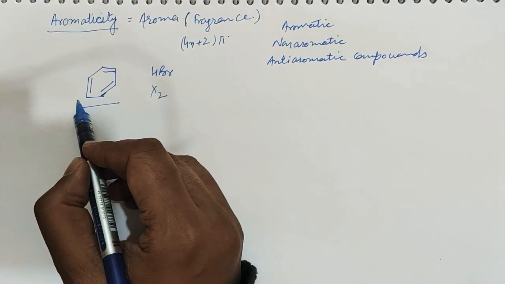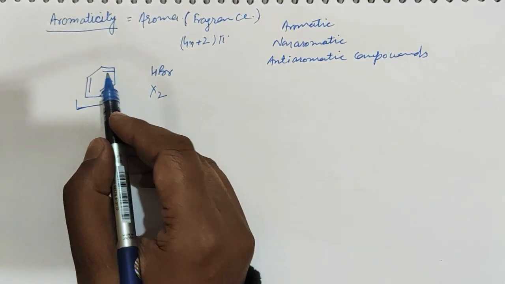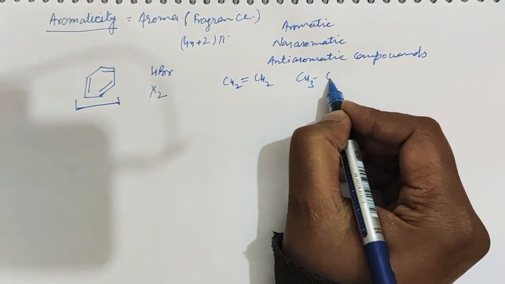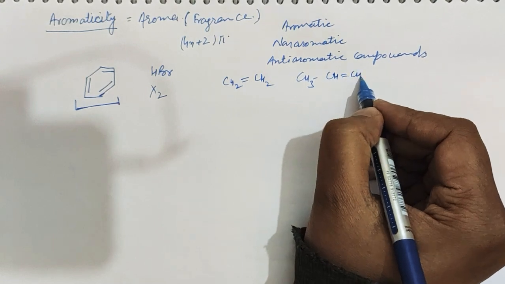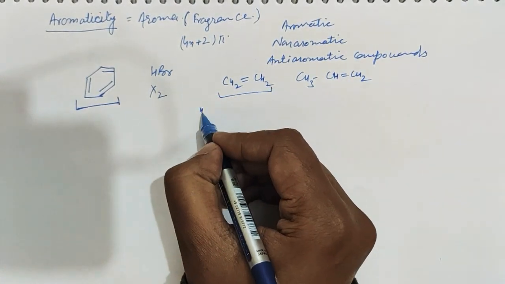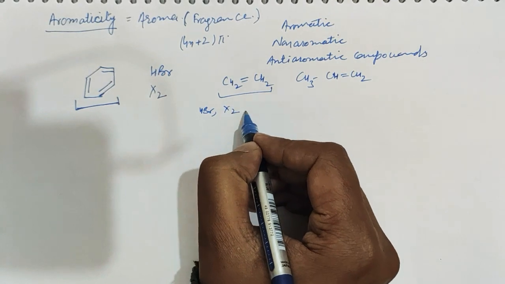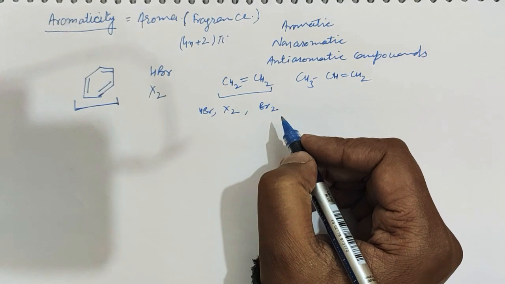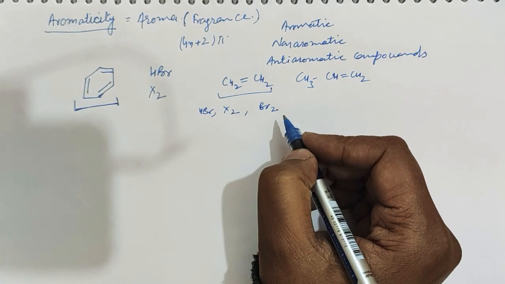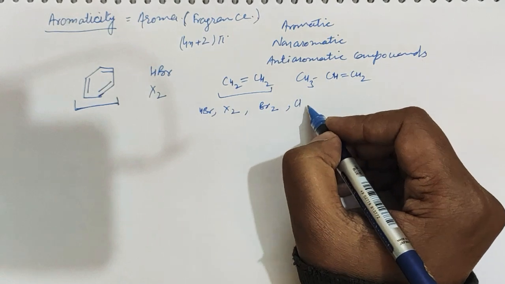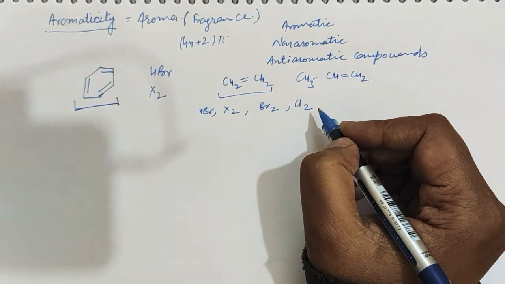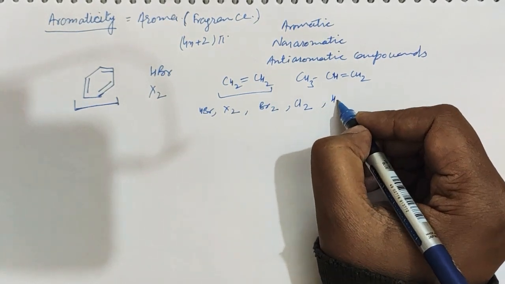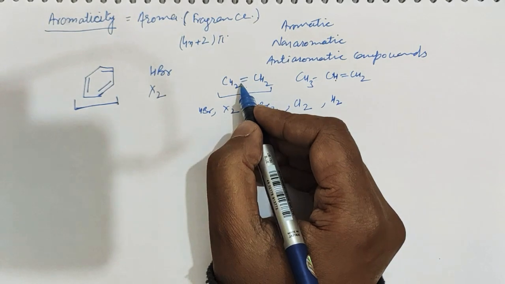So compounds like alkenes readily undergo reaction with HBr or halogens, the bromine water test or Baeyer's test, free radical addition with chlorine, or catalytic hydrogenation easily. These compounds react due to unsaturation.